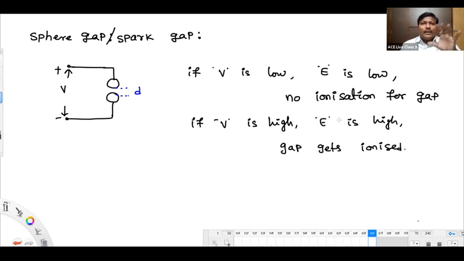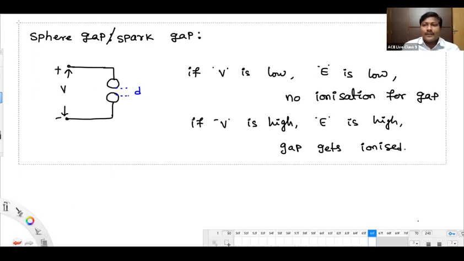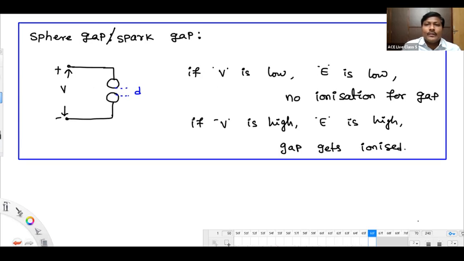It is the simple operational phenomenon of the sphere gap. Whenever the gap gets ionized, it acts as a short circuit with zero resistance. So in the first case, the resistance of the gap is infinite, whereas in the second case, the resistance of the gap is approximately zero.